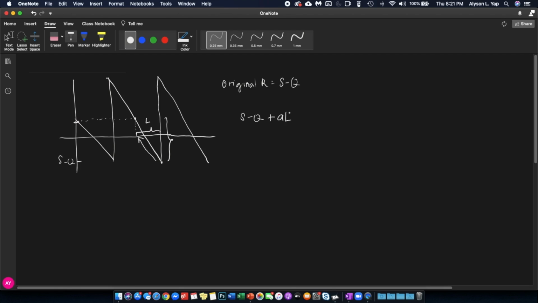Okay, so just to give you a specific example, let's say S minus Q is negative 10, and let's say A is 15, and let's say L is 2. So what does this mean? Originally, if you don't have a lead time, then you will be ordering when you already have accumulated 10 units of shortage.